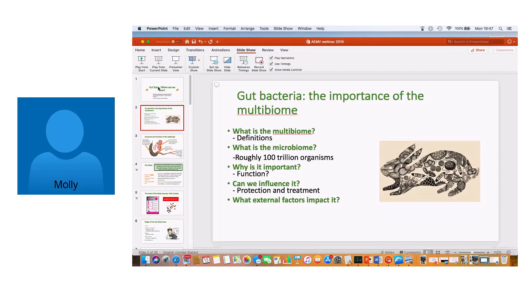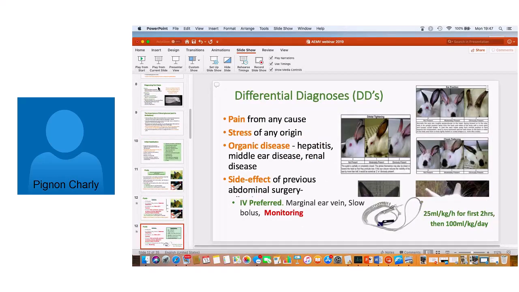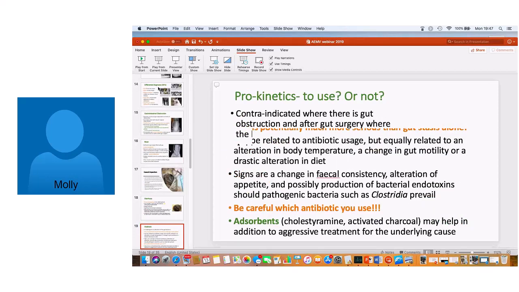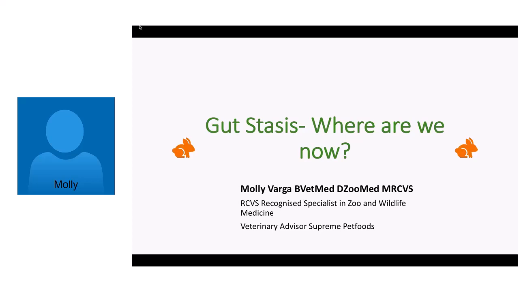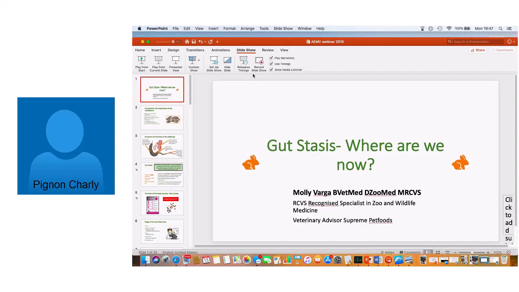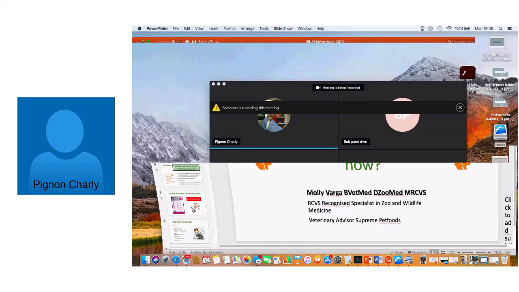Right now, I just see your slide on dysbiosis. Right, so I've got onto my screen sharing. Can you see that or no? No, I can see your slide on dysbiosis. The one which was not working.